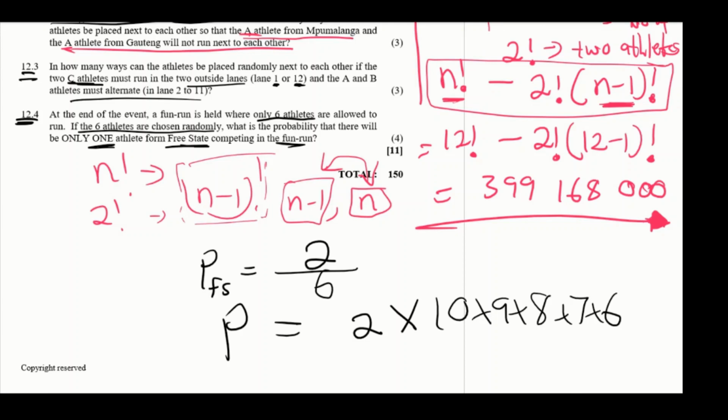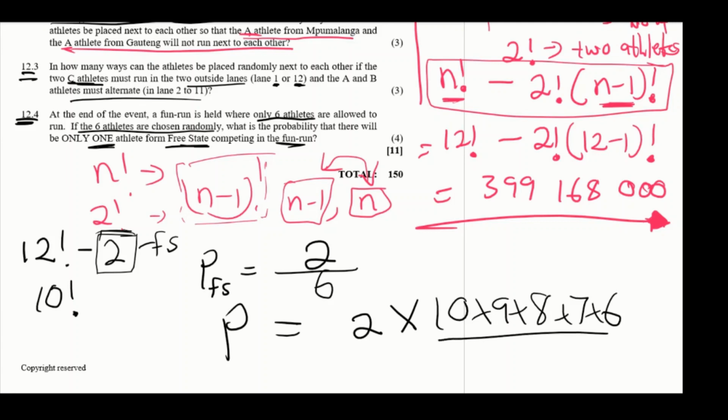We are having a factorial of 12, but we are removing 2 of those athletes who are separated, and so these 2 athletes are from Free State, and we only want 1 athlete out of these 2. So we're going to remain with 10, and if we remain with 10 factorial, we only want 6 athletes to participate. Hence, it's going to be 10 times 9 times 8 times 7 times 6, right?